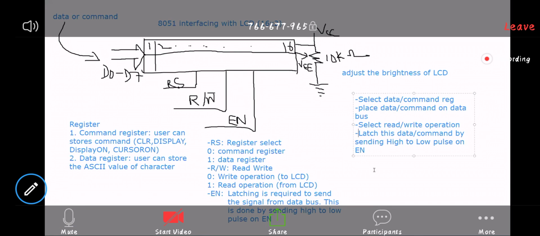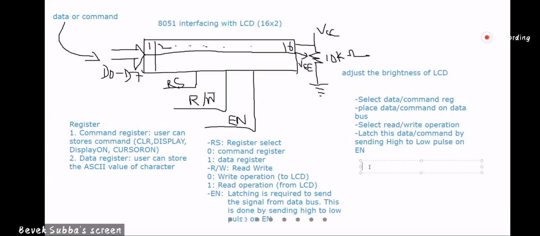Let's see some of the commands. These are commands. Number 1, 38H. If you write 38H, that means we are selecting an LCD of 2 rows.